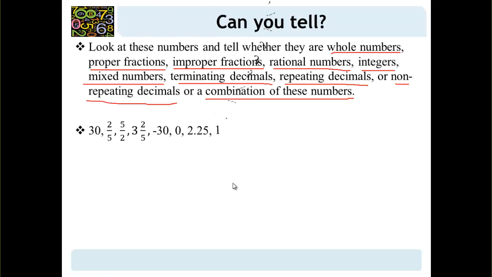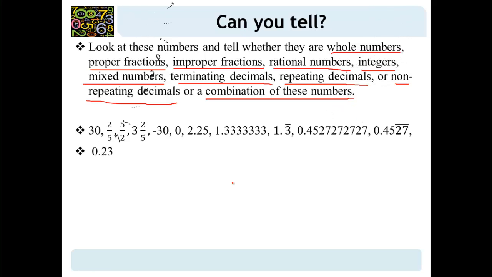So here are the numbers that are coming up. We shall look at them one at a time. Let's start with 30. What is 30? 30 is a whole number.